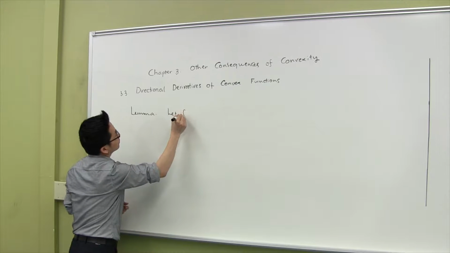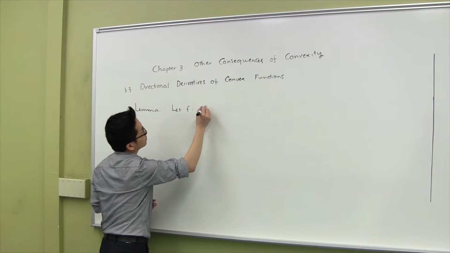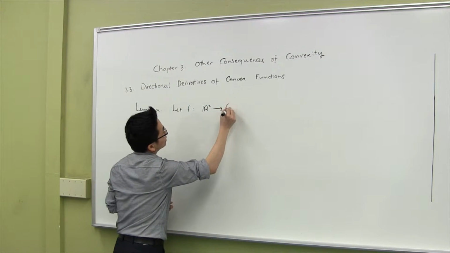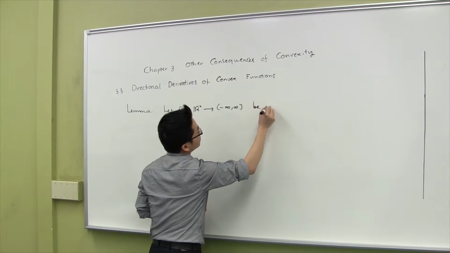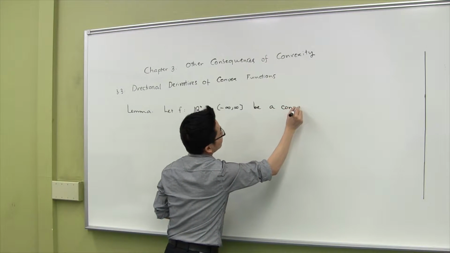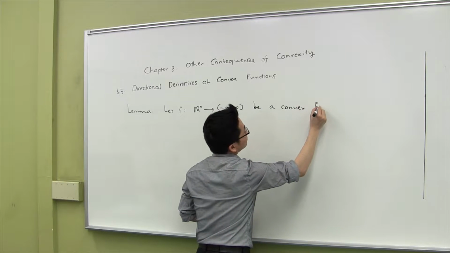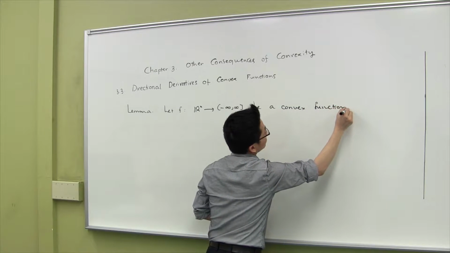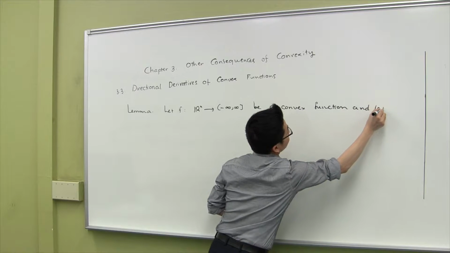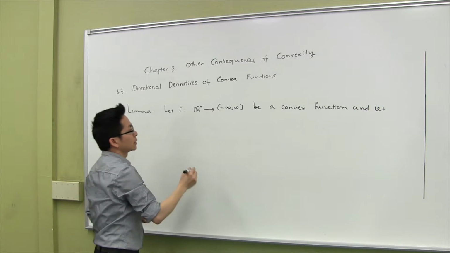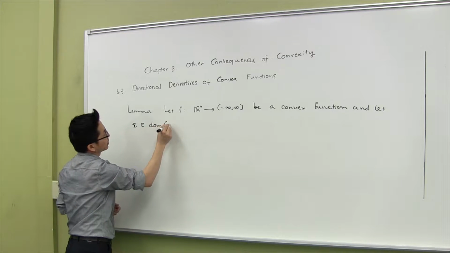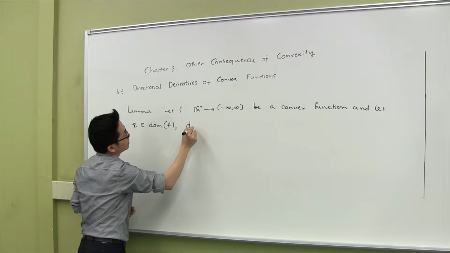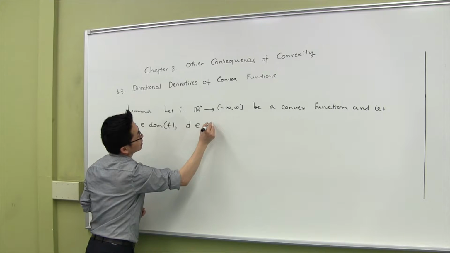Let f from Rn to the extended real line be a convex function, and let x bar be a point in the domain of the function, and let d be a vector in Rn.